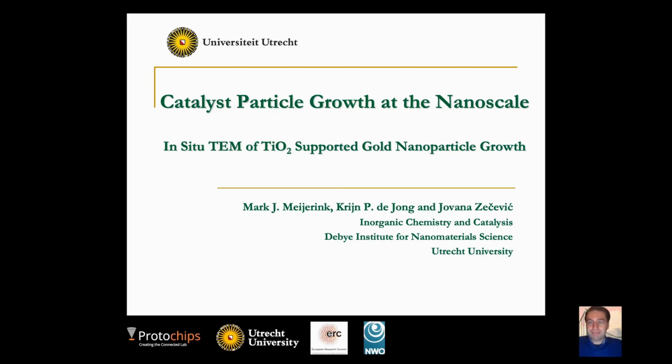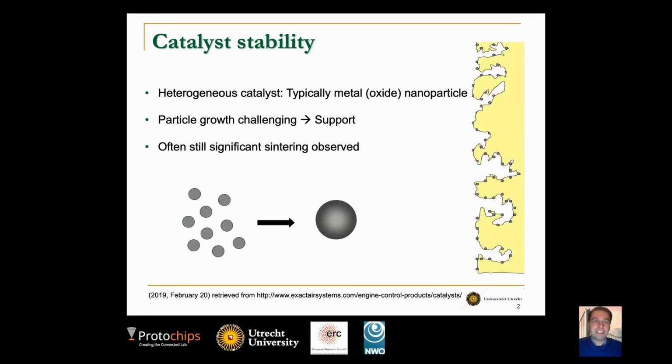But first, I would like to discuss a little bit of why this is important for us. Heterogeneous catalysts are usually metal or metal oxide nanoparticles of less than about 10 nanometers. But because these particles are so incredibly small, they have a very large thermodynamic driving force to grow.